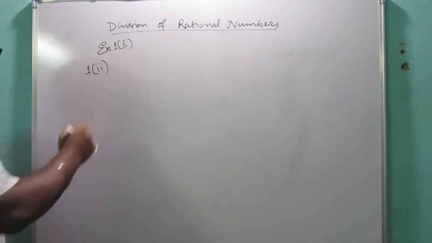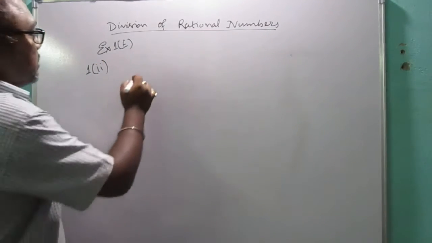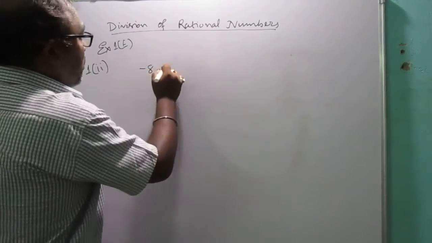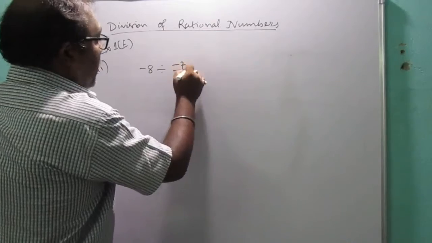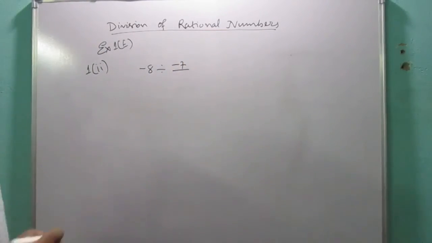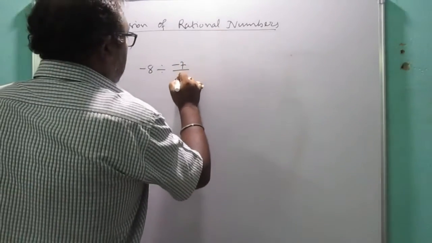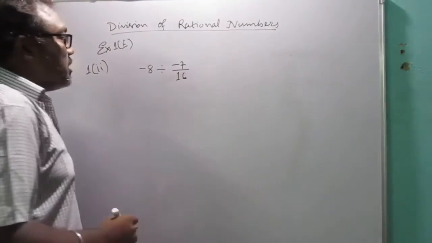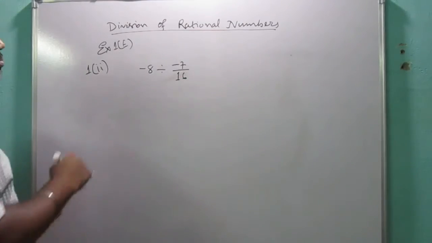How we have to do it? Suppose -8 divided by -7 by 16. So we have to do the division.